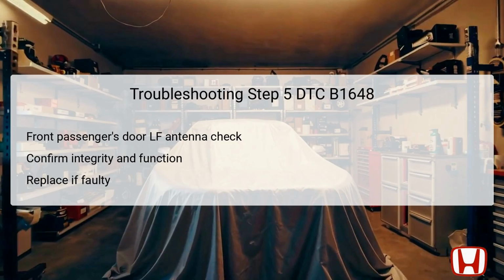It is essential to ensure that the antenna is correctly integrated with the door's handle and that there are no obstructions. Faults in this antenna will directly affect the BCM's ability to process keyless entry signals, making its functionality vital in the overall operation of the vehicle.